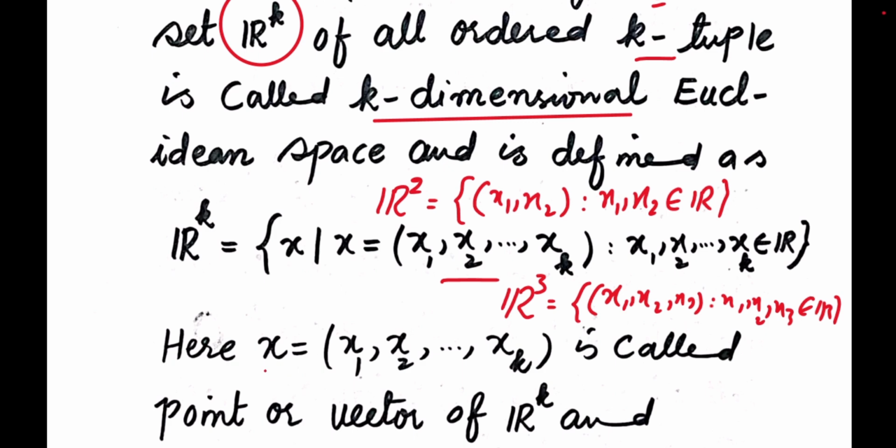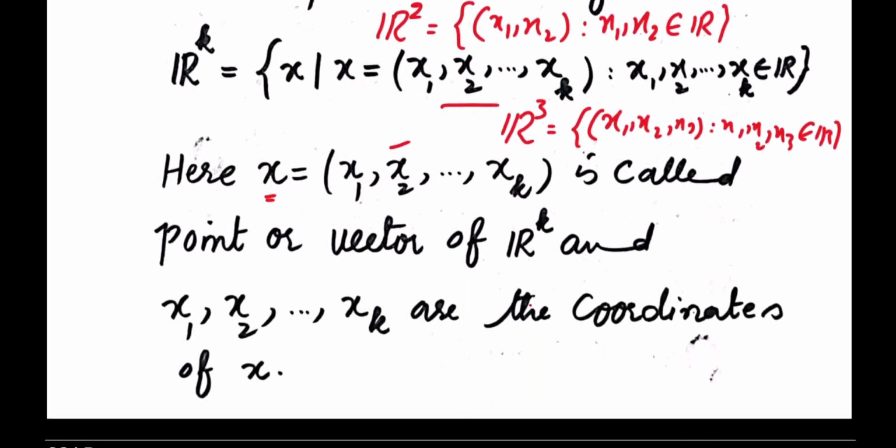Here x, of this form, is called a point or a vector of Rk, where x1, x2 up to xk are the coordinates of x.